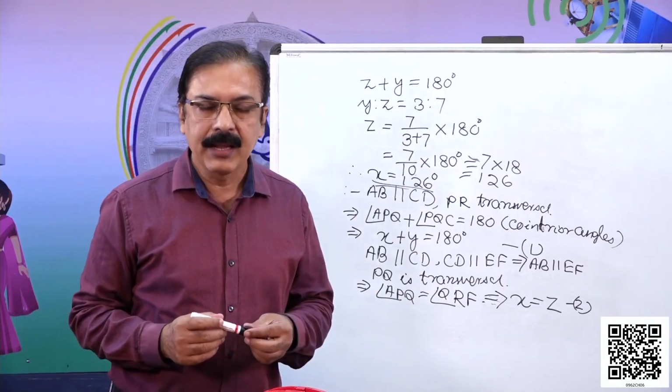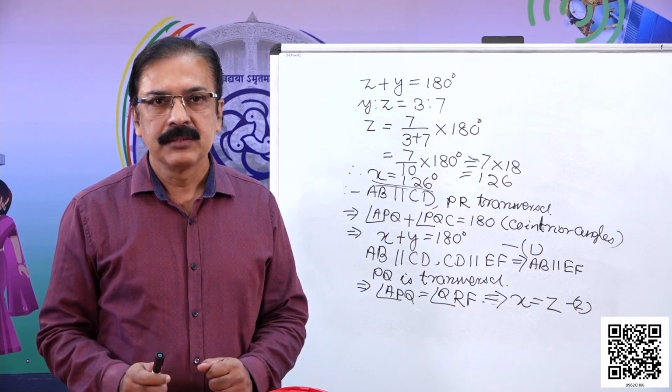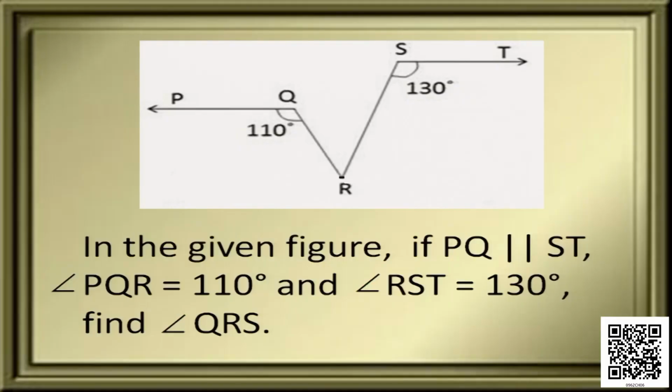So by applying the last theorem and alternate angle theorem, we could solve it. Here a figure is given and PQ is parallel to ST. Angle PQR is 110 degree and angle RST is equal to 130 degree.